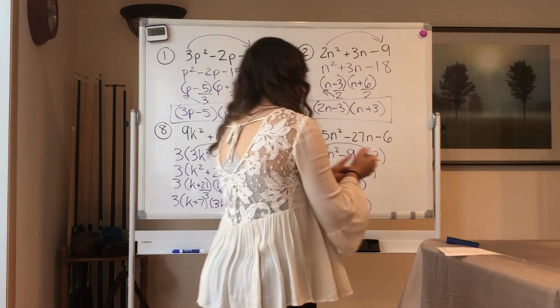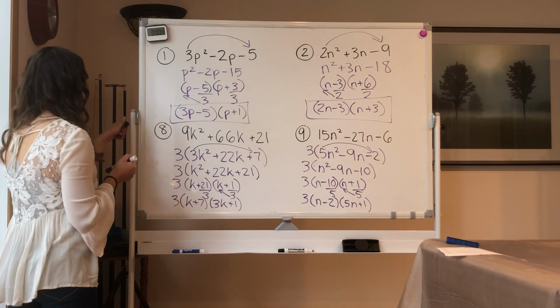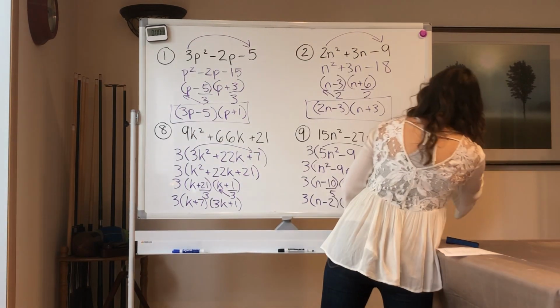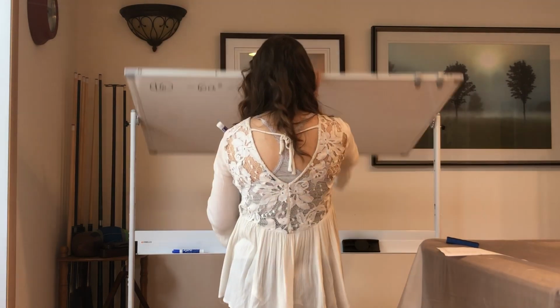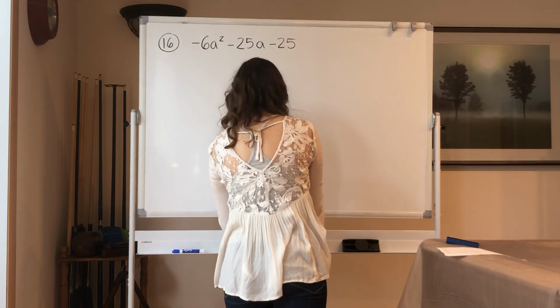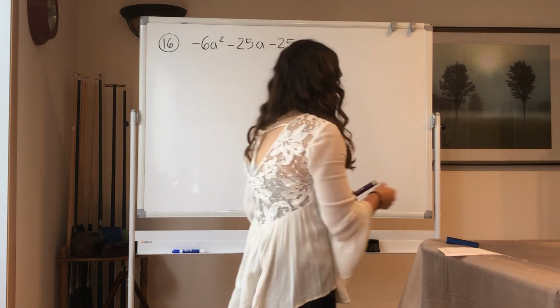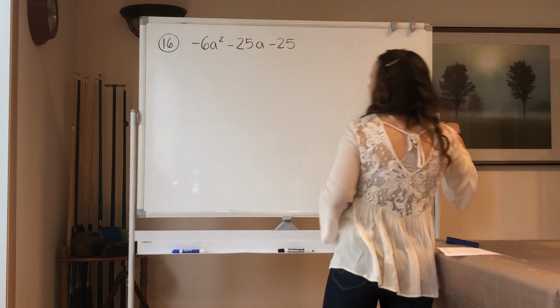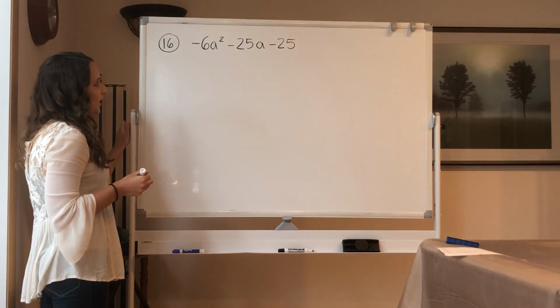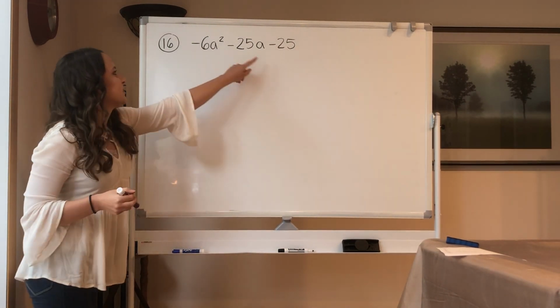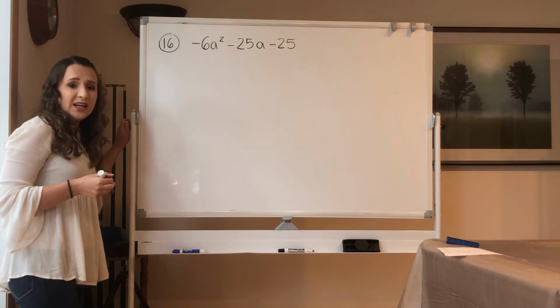Last but not least, number 16, which is a little different. There is no GCF we can factor out, because we can't factor out a 3 or 2 since it doesn't go into the 25s, but there is a negative in the front.